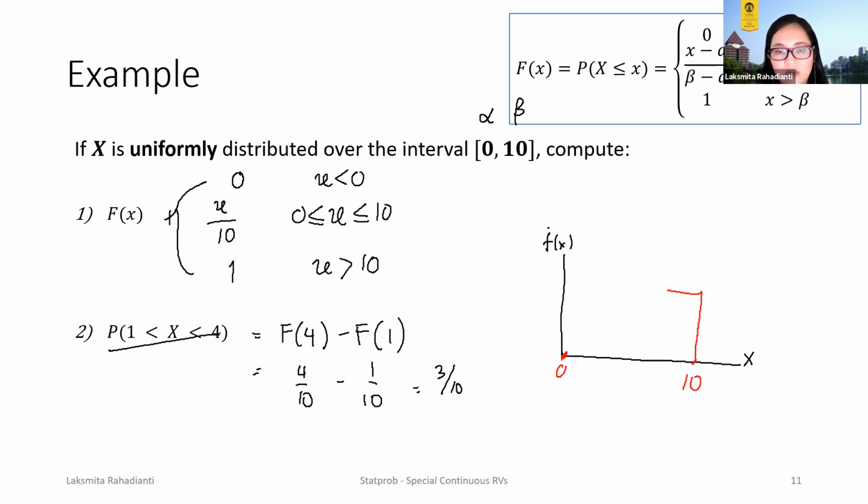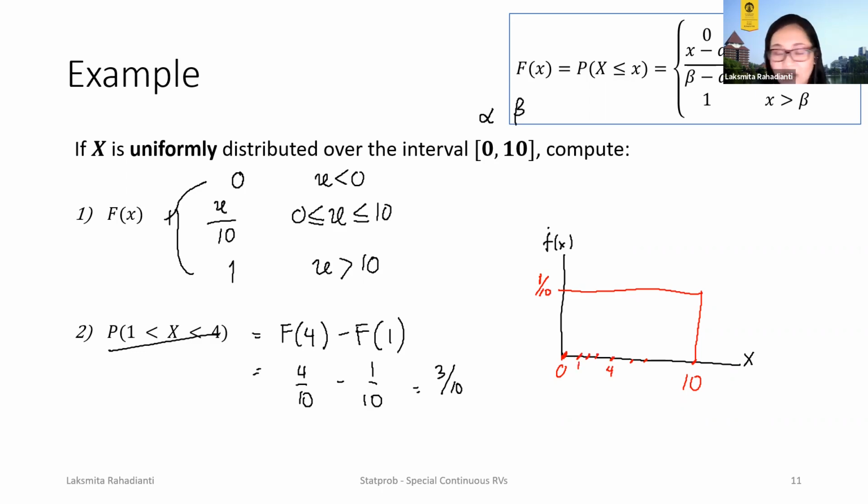The probability is the area under the curve, right? So the total probability of everything has to be equal to 1. We already knew that when we were talking about PDFs, because the sum of all probabilities must be equal to 1. So in other words, we know that this should be 1 in total over 10 units. And in that case, when I'm talking about between 1 and 4, I could visualize it from 1, 2, 3, 4.